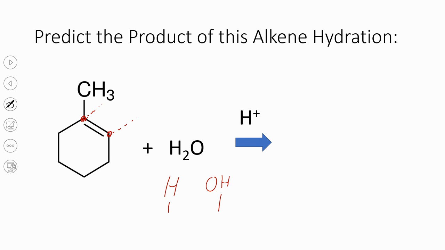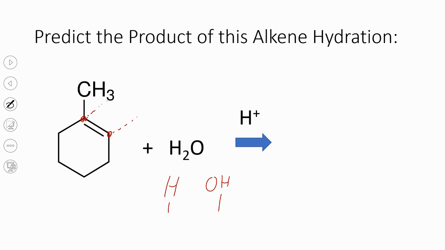So based on Markovnikov's rule, that we just looked at on the other slide, where will the OH add? Yep, the carbon on the top. Good, up by this methyl group. So it'll add up here because we have this extra methyl group.